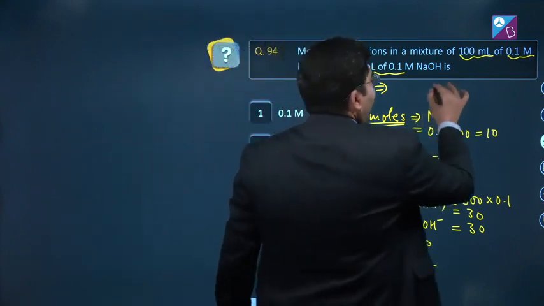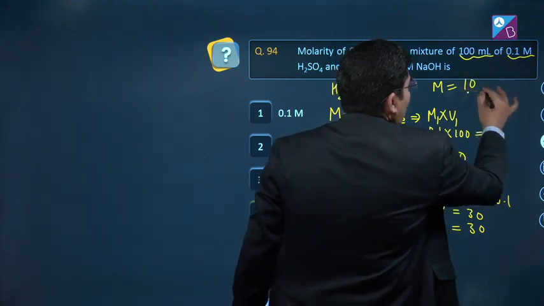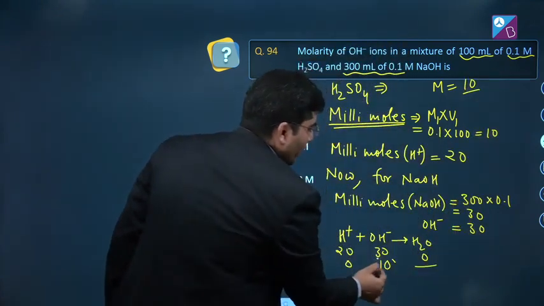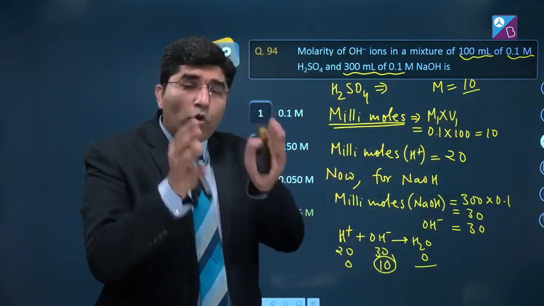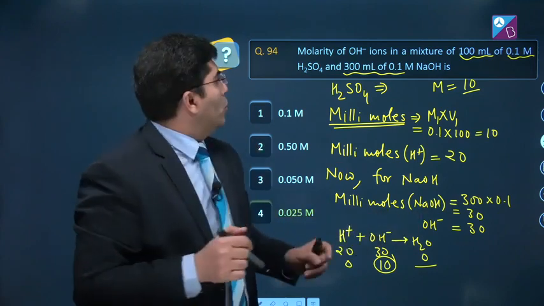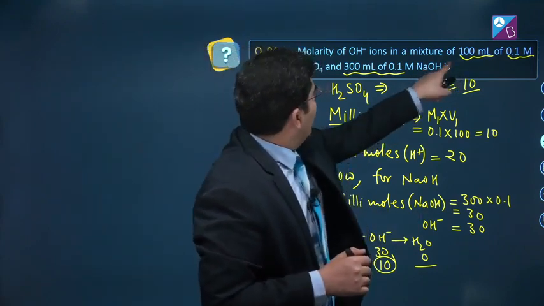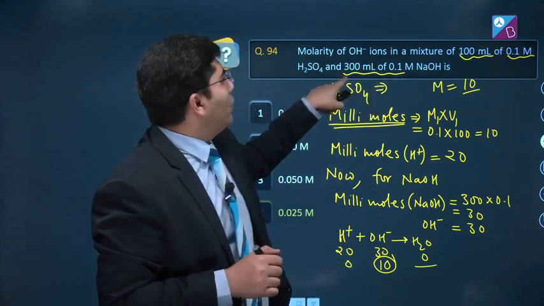So molarity is equal to the number of millimoles of this OH minus ion divided by the total volume in milliliters, right? So 100 ml of H2SO4 and 300 ml of NaOH.